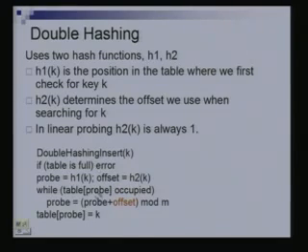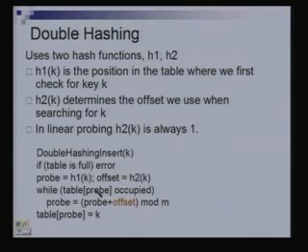So let's look at this piece of code. Probe is set to h1 of k, so that's the first position I look at, and offset is set to h2 of k. First, I'll look at the location specified by probe in the table. If it is occupied, then probe is set to probe plus offset, which is the next location I look at.